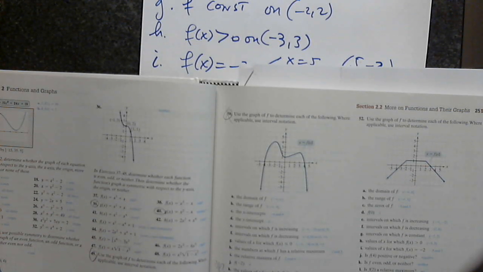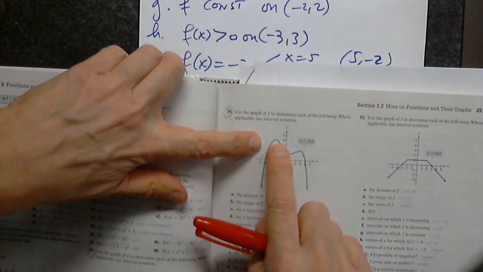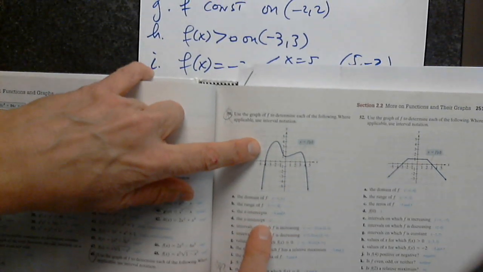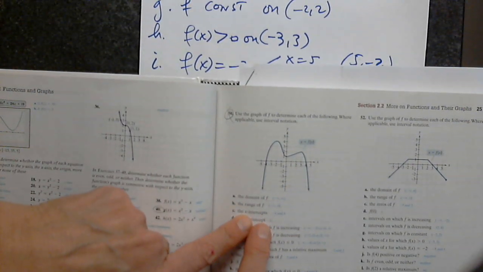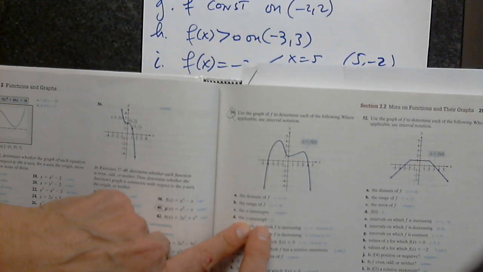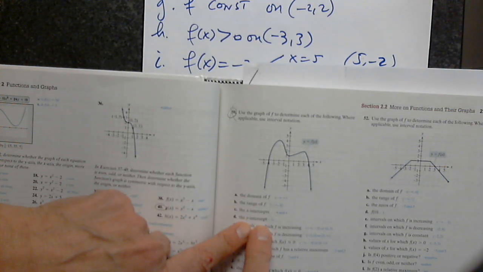You're right. -infinity to infinity. No, you said y. I'm sorry. So the highest value is 4. So -infinity to 4, with a bracket at 4. X-intercepts, please. (-4, 0), (4, 0). Agreed? Y-intercept. (0, 1) is the y-intercept.